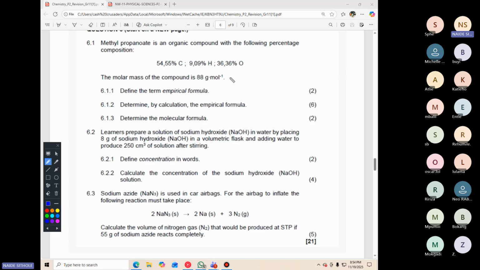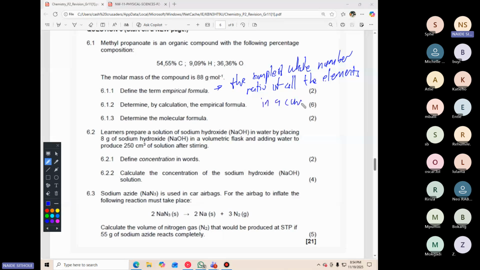You find the term empirical formula. This is the simplest whole number ratio of all the elements in a compound, or some say of all the atoms in a compound. Still the same thing. Then determine by calculation the empirical formula.